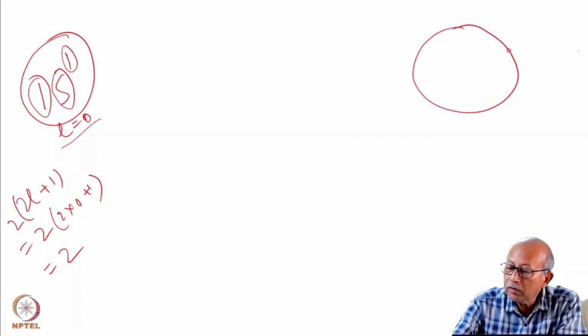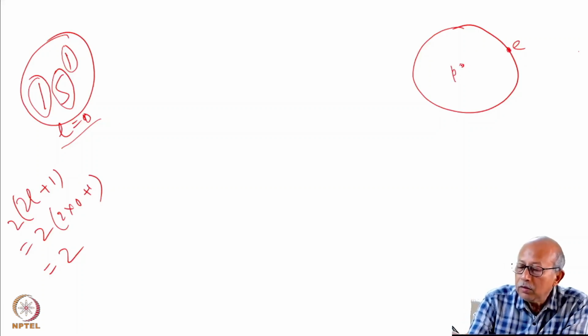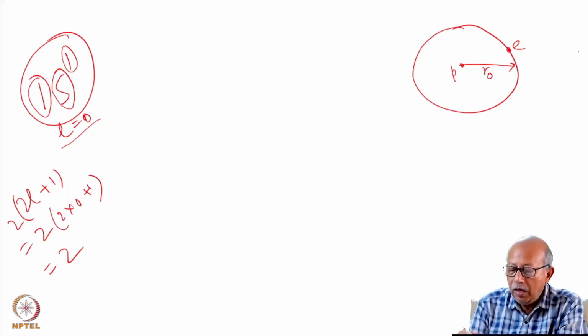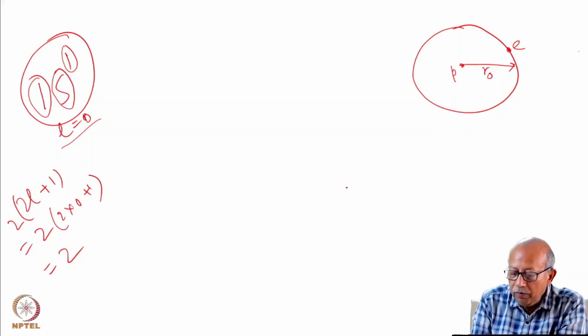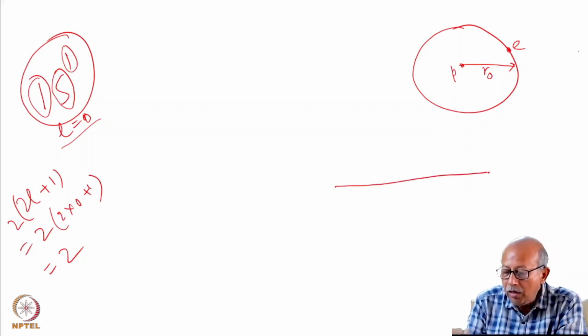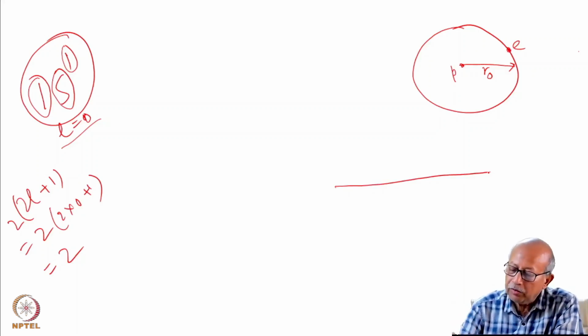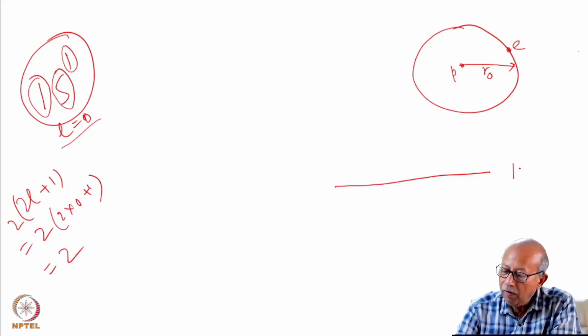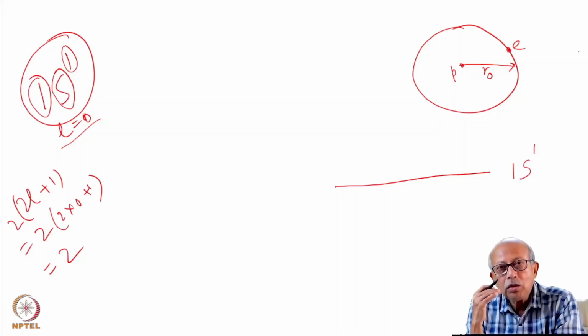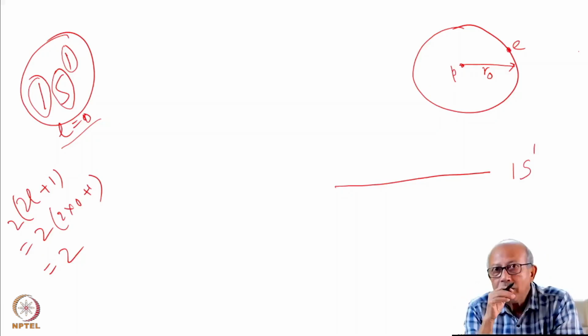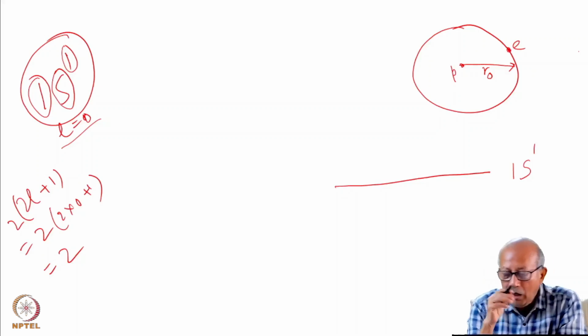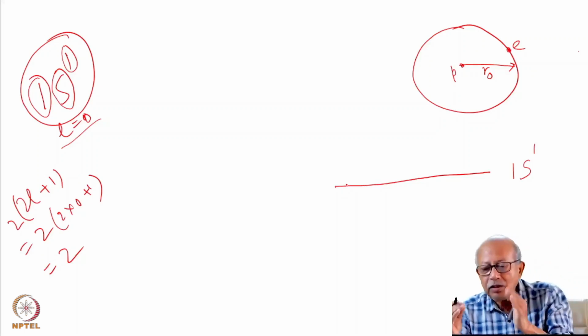So this is the electron, this is the nucleus, and this is the radius of the orbit, which we call r0. And suppose this is the ground energy state of the electron, which is denoted as 1s1, the ground electronic state of the hydrogen atom. Now this is for the isolated atom.